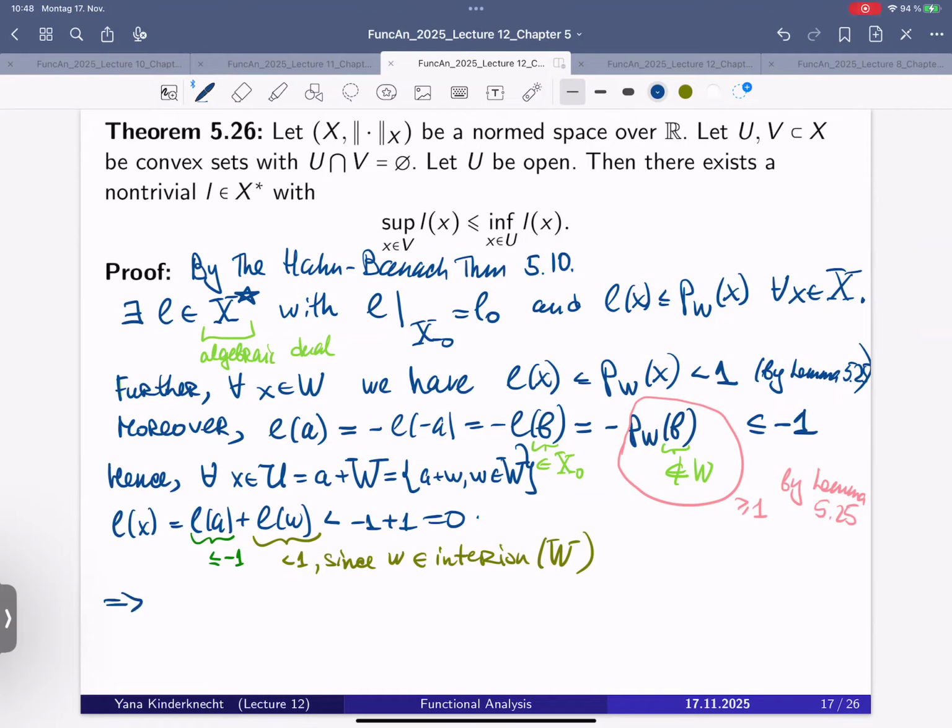So what we have achieved: for any x in U, L of x is smaller than 0.